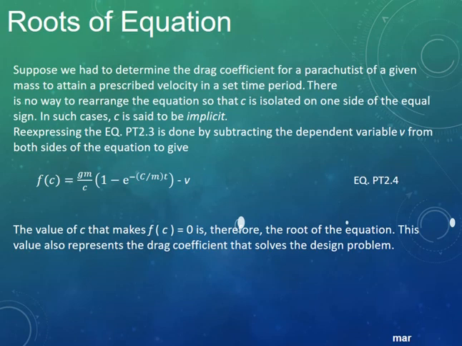So to solve the problem using numerical methods, we'll express the equation by subtracting the dependent variable v from both sides of the equation to give f of c is equal to gm divided by c multiplied by 1 minus e raised to negative c divided by m times t, minus v.